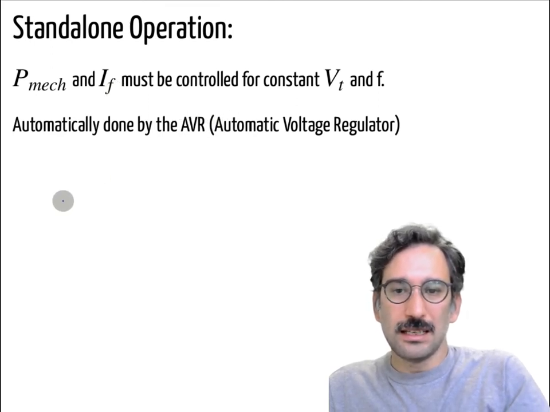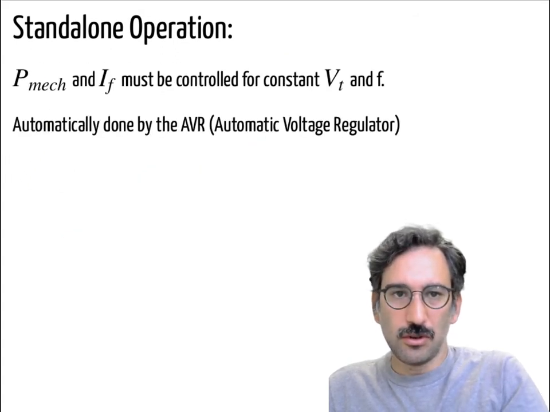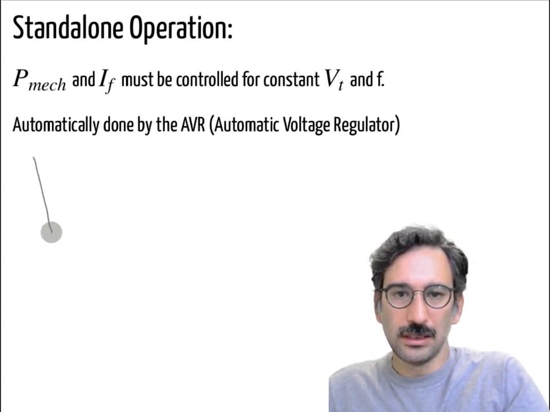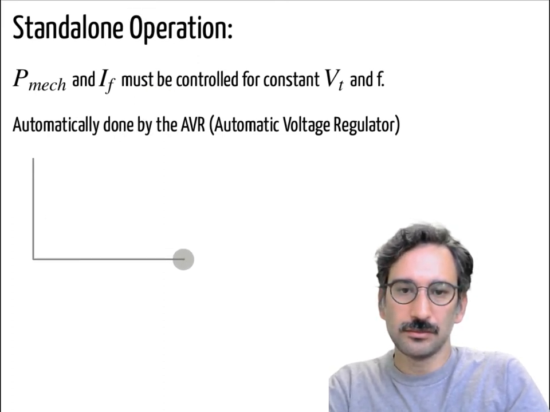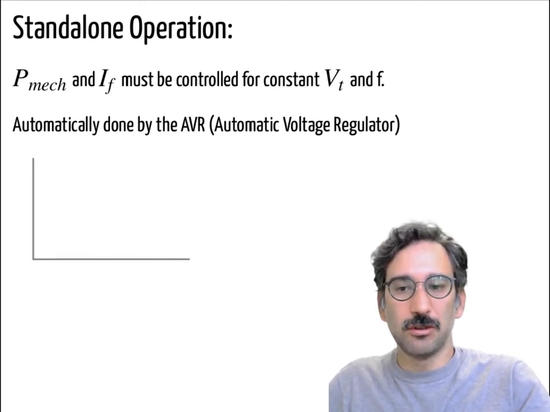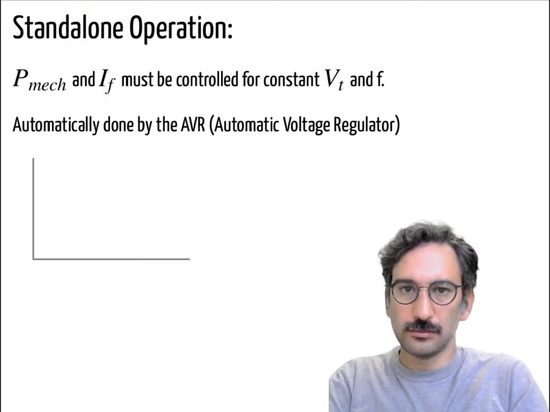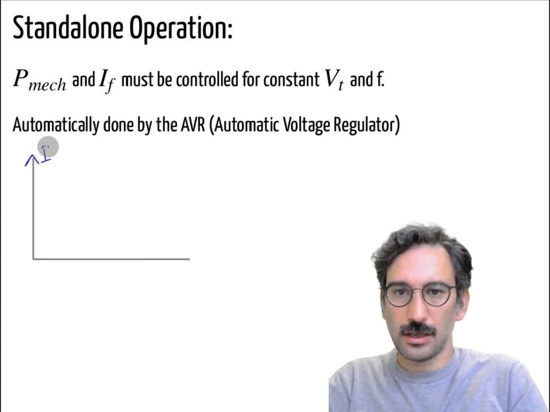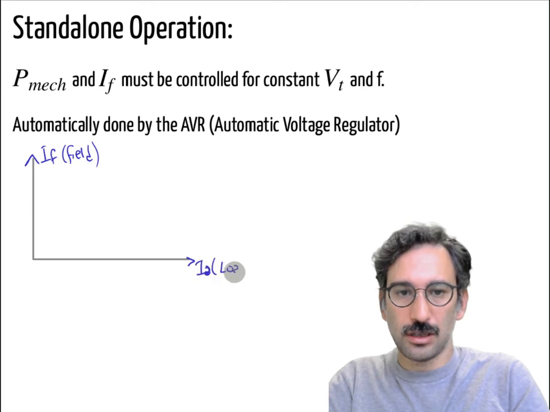So now let's have a look at the previous information. Let's try to draw what will happen to the field current with load if I want to keep the terminal voltage constant. So let me write that one to be IF, field current, and this is IA, load or armature current.